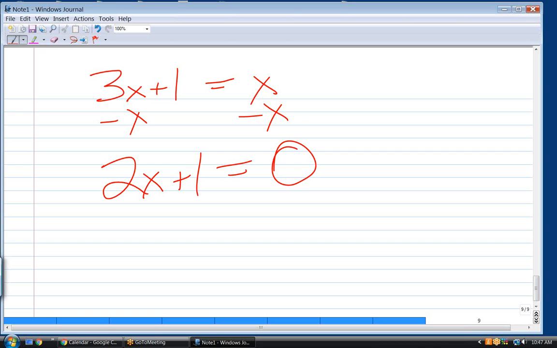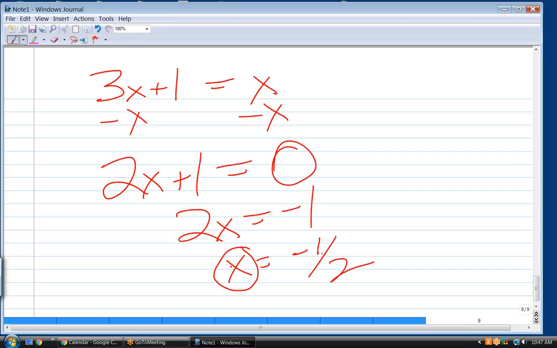What's the next step? 2x is equal to minus 1. And the last step? In other words, the goal is always to isolate x. Your final step is always going to be x equals something. What do I have? Minus 1 equals 2. And the way you isolate x... Divided by the number.